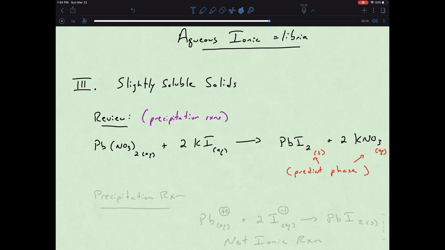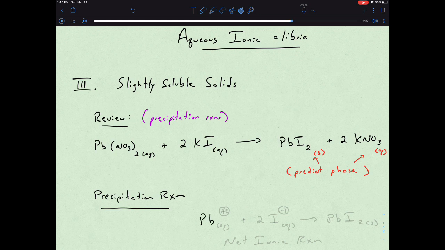So that led us to the actual precipitation reaction, looking at just the actual players, the ones that are actually reacting.